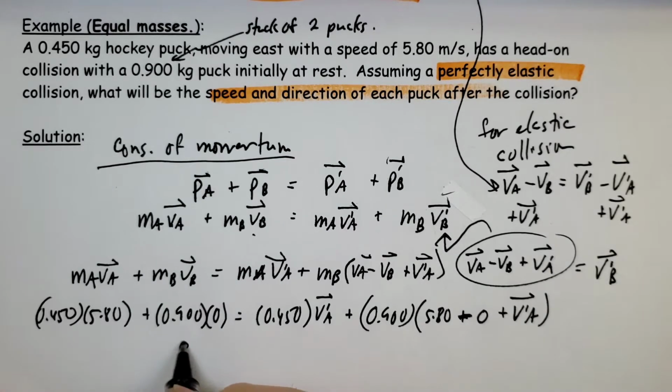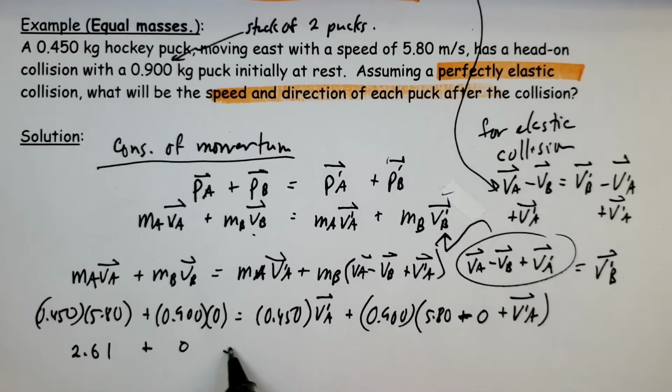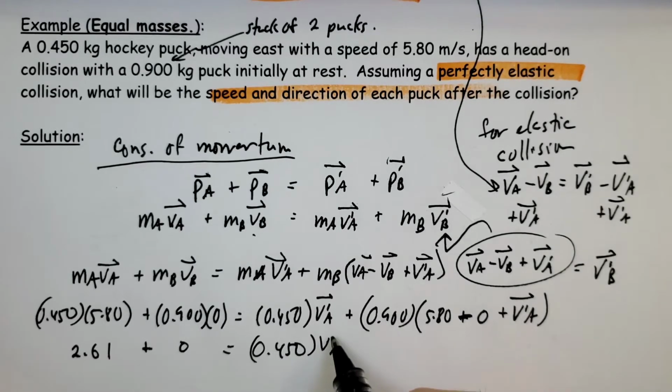Now this part here, of course, is 0. And then over here, 0.450 multiplied by 5.8 is 2.61. Look how simple this equation comes.